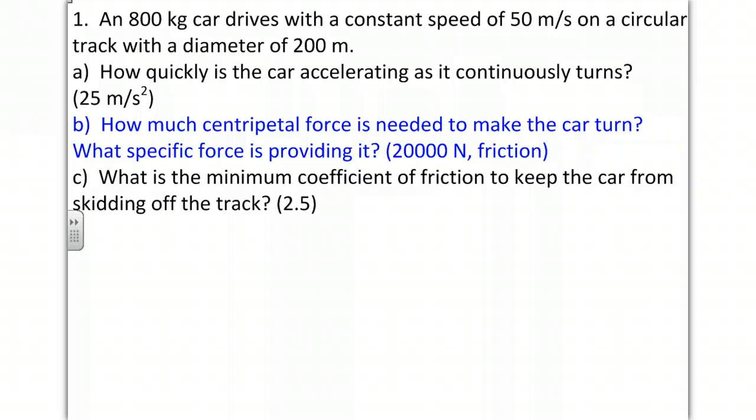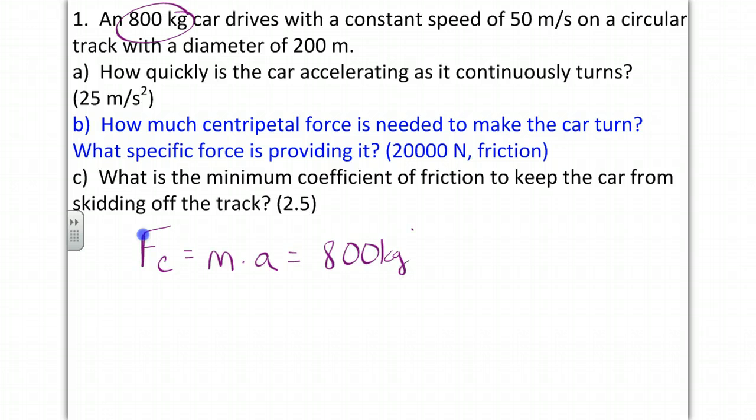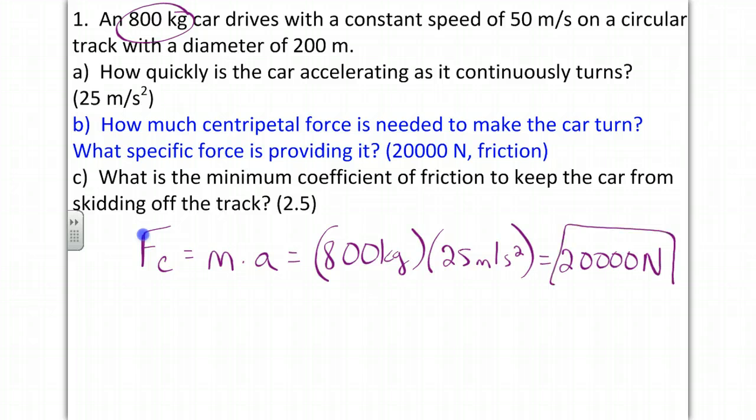Number 2 is asking to determine the centripetal force, and so we're going to use the same acceleration as in the last problem. Centripetal force equals mass times acceleration. The mass is 800 kilograms. The acceleration we solved for in part 1 is 25 meters per second squared, and when you multiply these, you get 20,000 newtons of force.